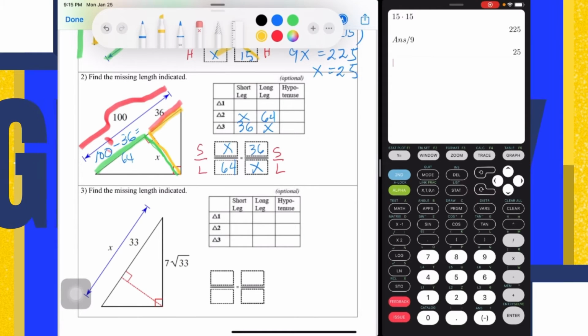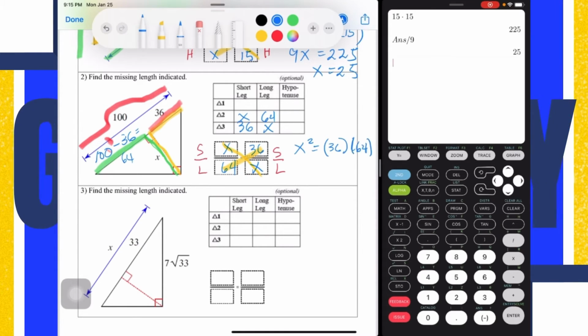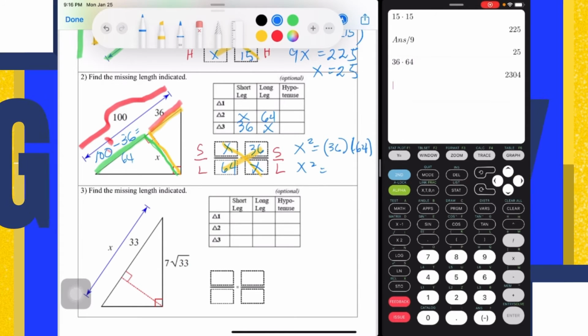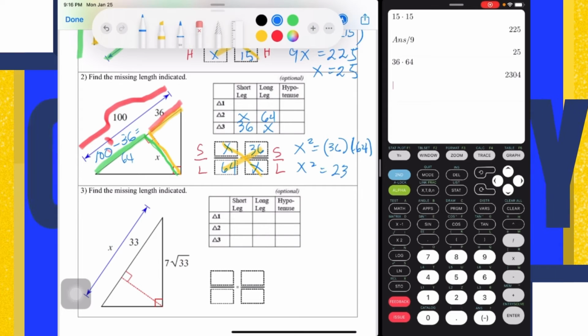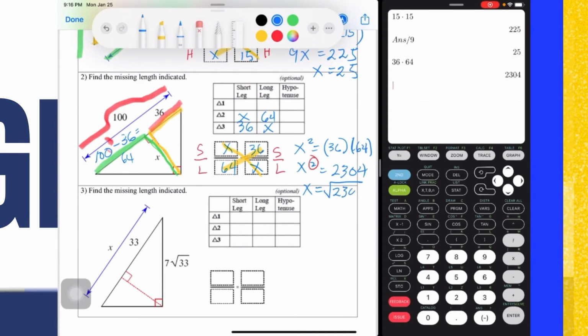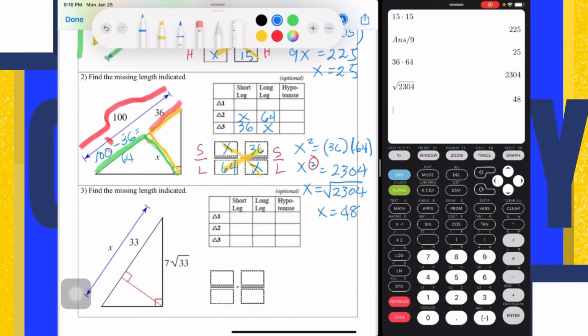Now applying the cross product rule, I have x times x is x squared, and the product of 36 and 64 is 2,304. Now to undo squaring, I'm going to extract the square root of 2,304, which is 48. So therefore, the value of x is 48.